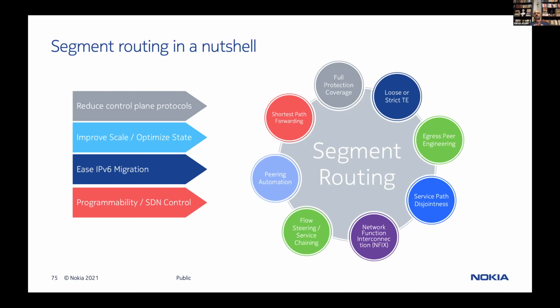It's definitely there to improve scale, right? For a network that needs to do flow-based traffic engineering, it needs to scale. It helps us with IPv6 migration as well. There's inherent ability to support IPv6, and it goes hand in hand with SDN.